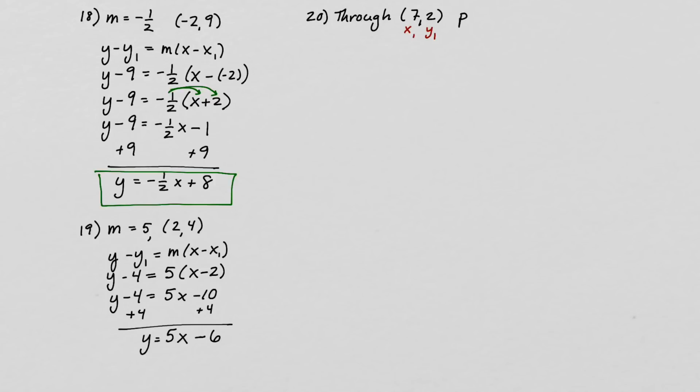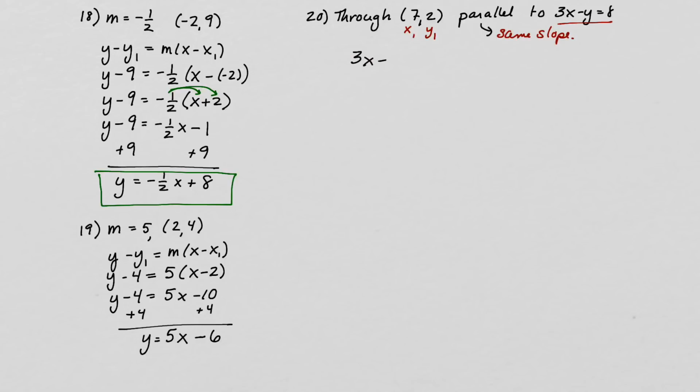And they want it to be parallel to 3x minus y equals 8. So remember, parallel lines have the same slope. So I have to find the slope of this line here. But to do that, I have to first solve this line for y.